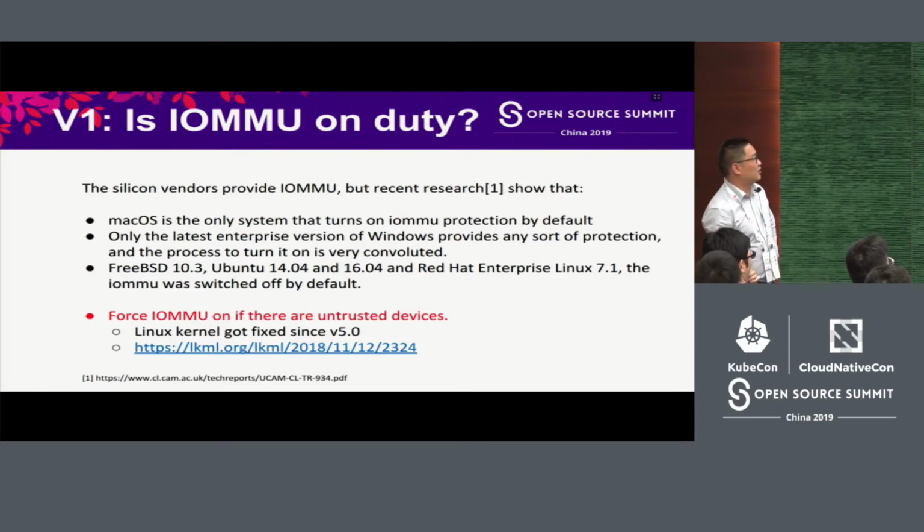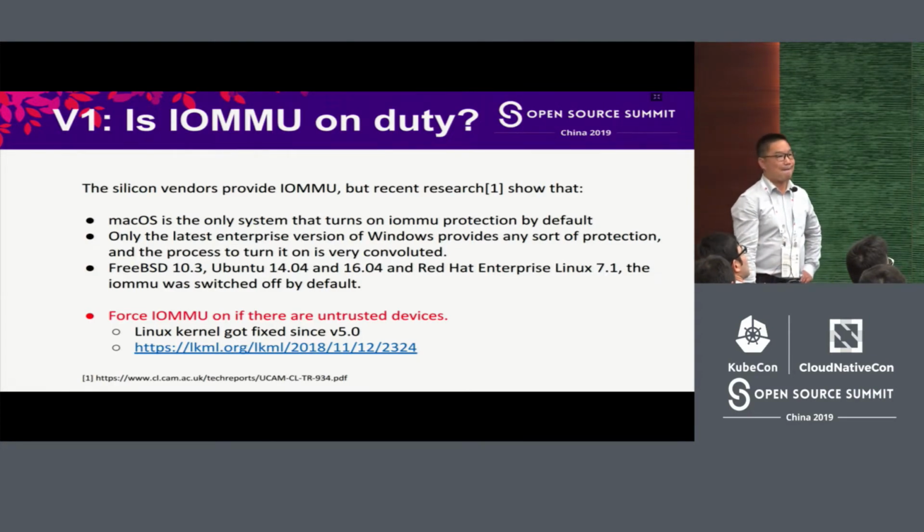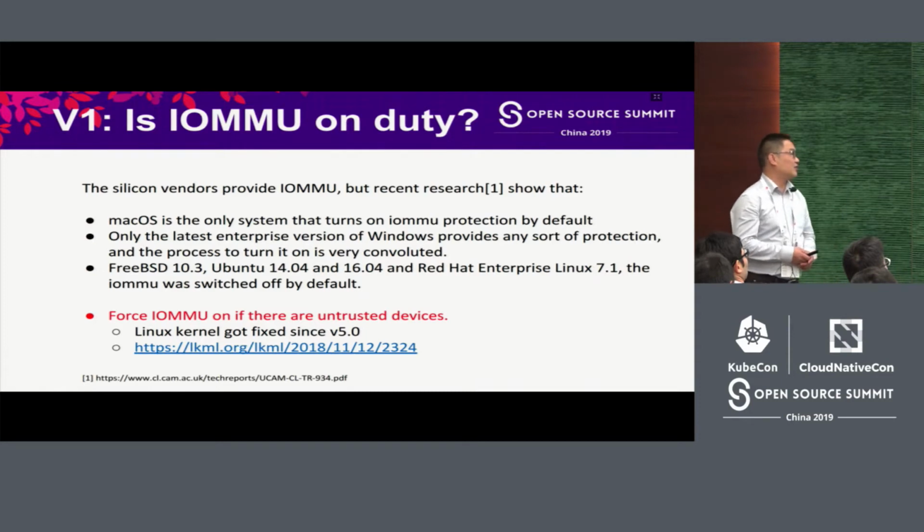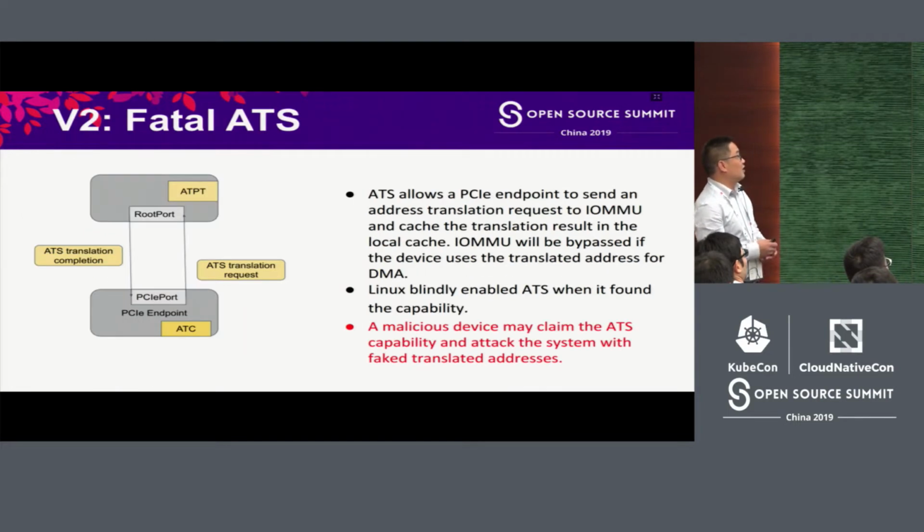If you're using FreeBSD, Ubuntu 14.04 and 16.04, and Red Hat Enterprise Linux 7.1, the IOMMU was switched off by default, and in 2018 we ran a research. If we find an untrustworthy device in the system, we will turn on the IOMMU for screening manually, and this is a prevention.